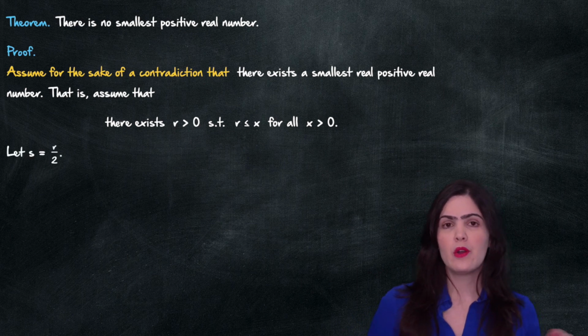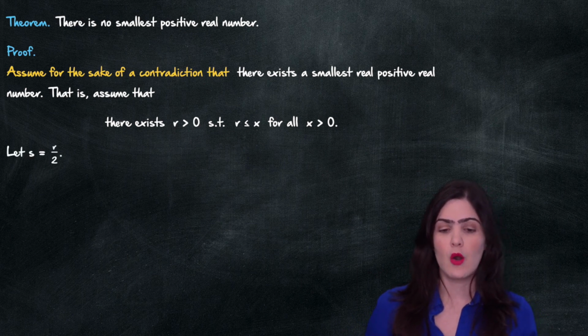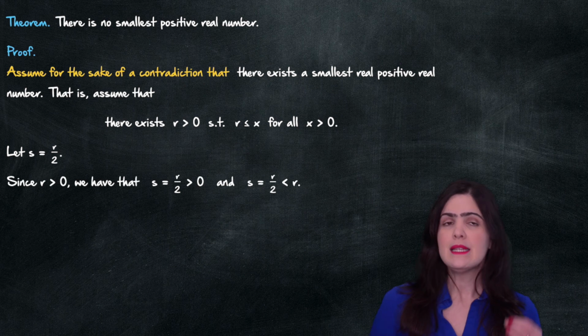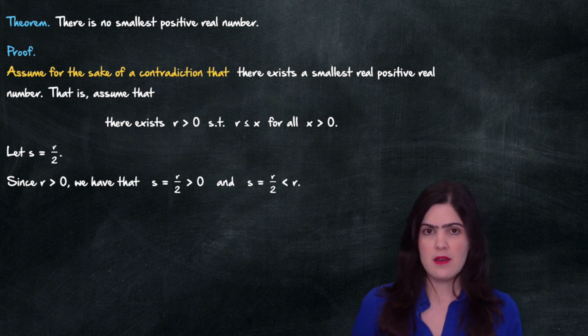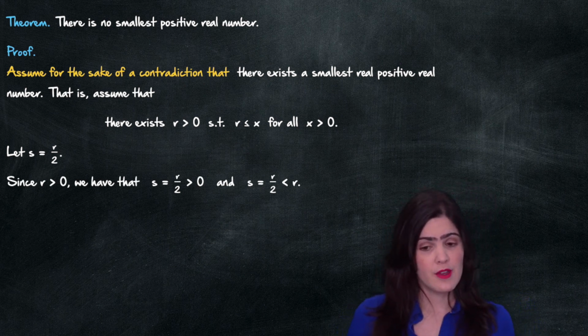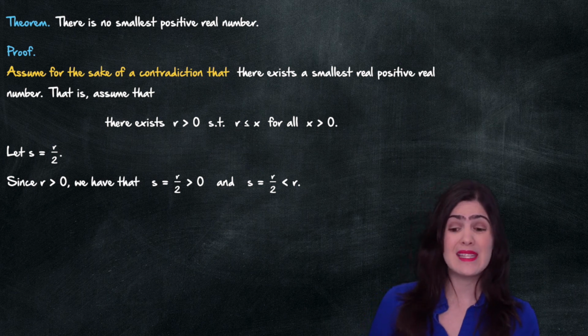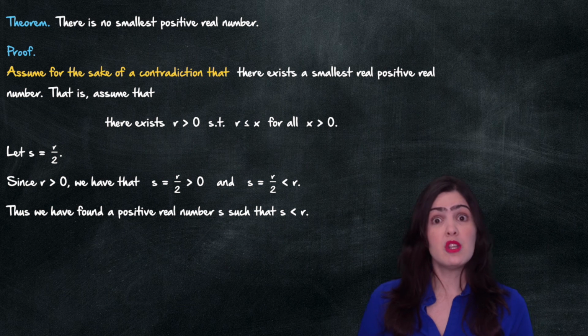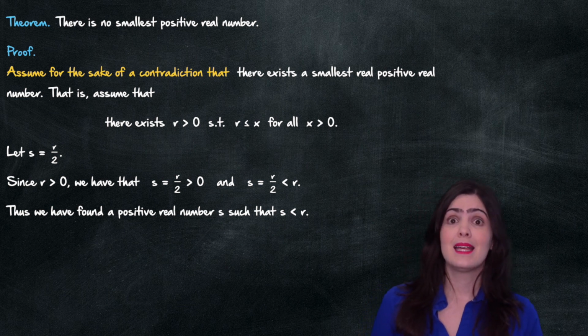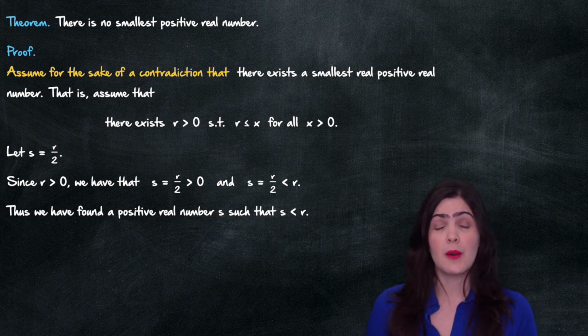So to do that, we're going to define s to be r over 2. Since r is positive, r over 2 is also positive, and also r over 2 is less than r. Therefore, we have found a positive real number s such that s is less than r.